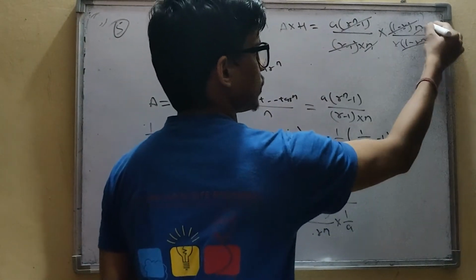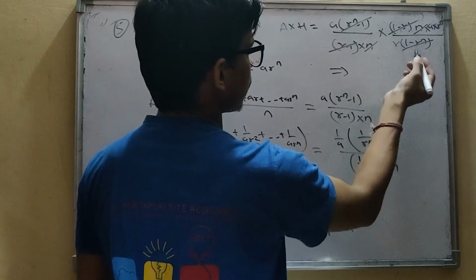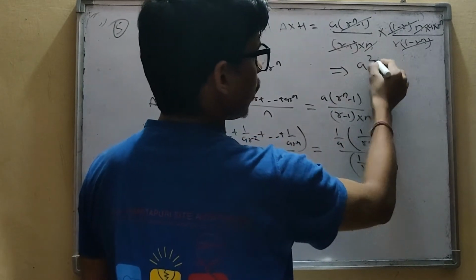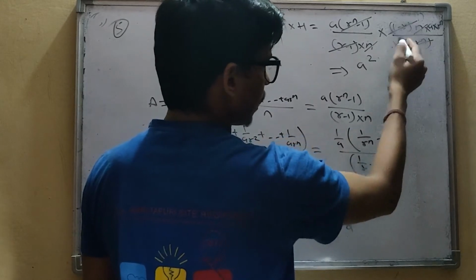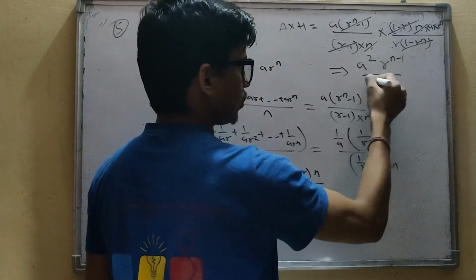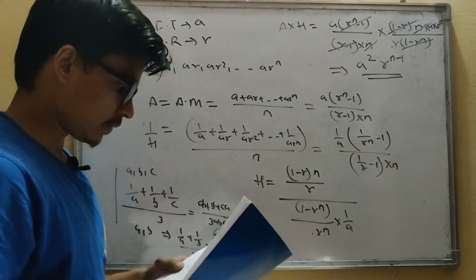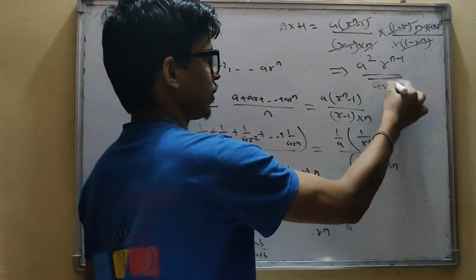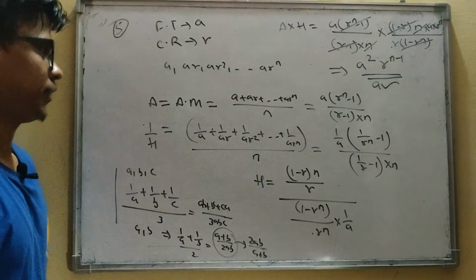So n will cancel out with this also. So what is remaining? a square r to the power n divided by r. So a square r to the power n minus 1 should be the answer. Right, so the option number A. Okay, this is how you can do this.